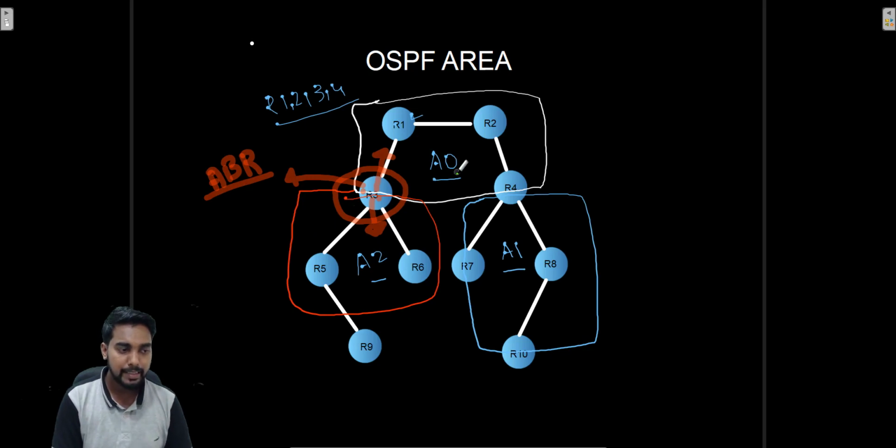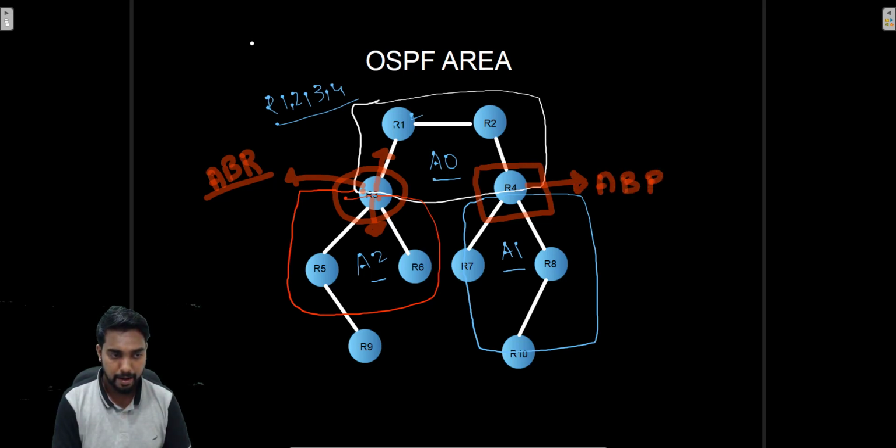In the same network, I have another router, router number 4, which is a part of area number 0 and area number 1. So this router is also termed an ABR, area border router.